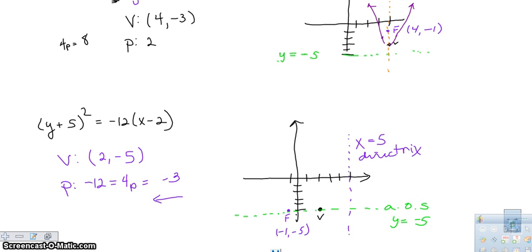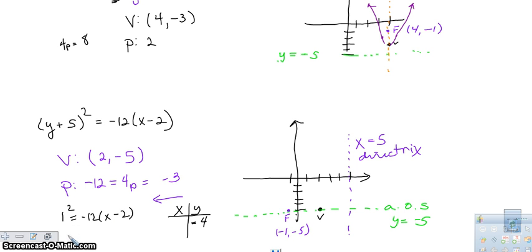So I have everything except for my extra points. So I make my t-chart. But this time, since y was squared, I'm going to pick a y value because it's the squared variable. And y is negative 5 here, so I'm going to pick negative 4. So if I put negative 4 in there, I get 1. 1 squared equals negative 12 times (x - 2), right?